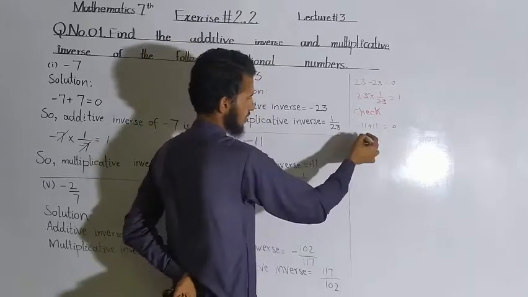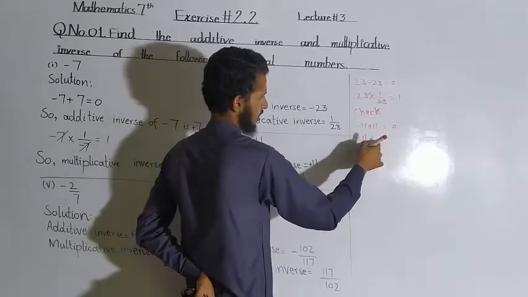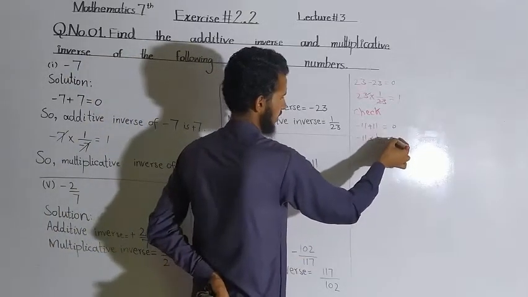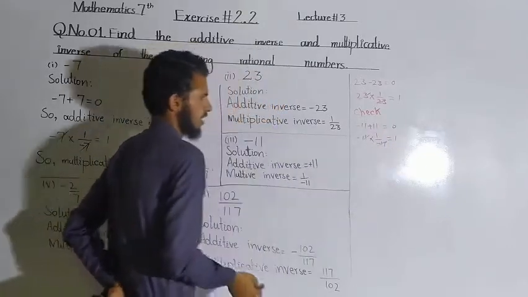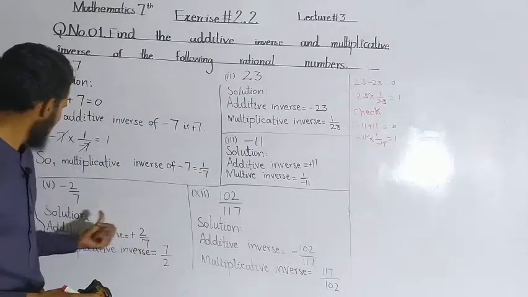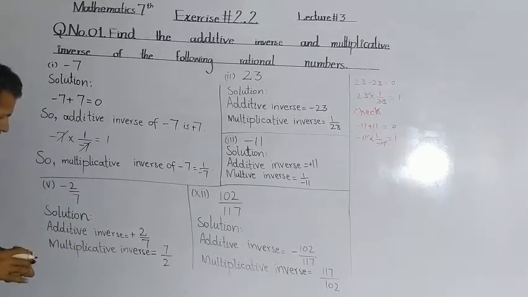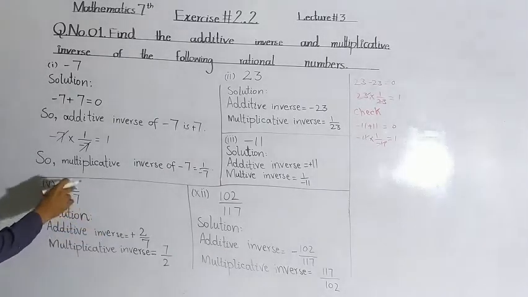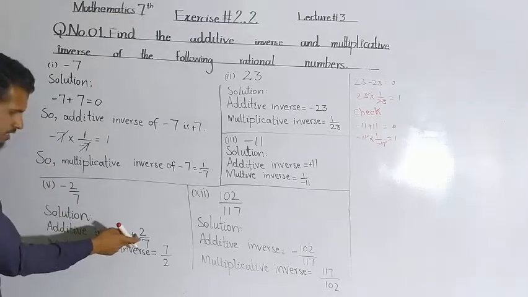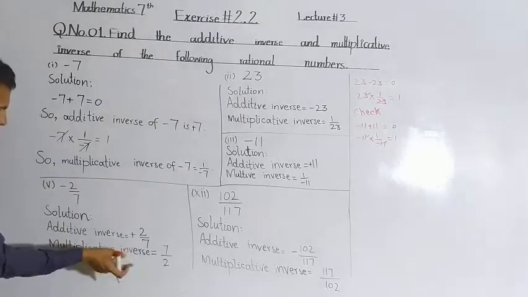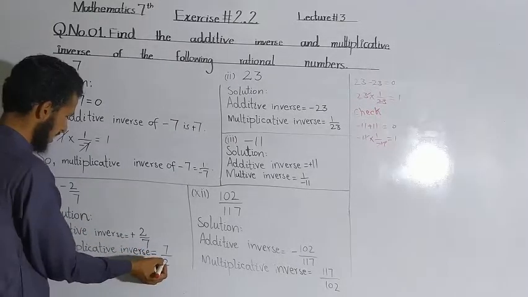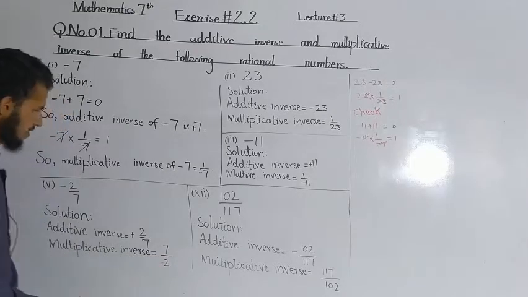For the multiplicative inverse, multiply minus 11 with its reciprocal 1 over minus 11, it cancels and the answer is 1. Next is question number 5, minus 2 by 7. Its additive inverse is plus 2 by 7, and its multiplicative inverse will be its reciprocal, 7 by minus 2.